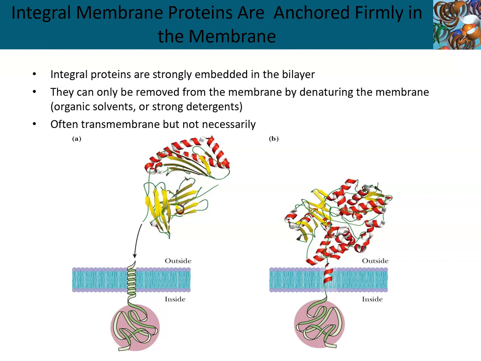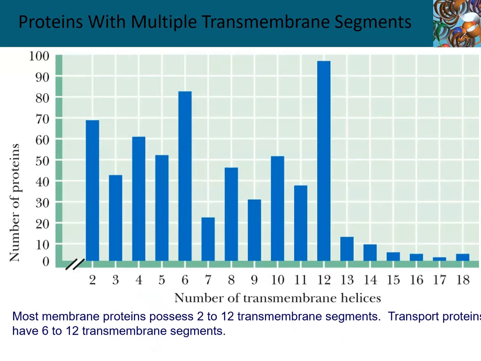These proteins are resistant to your salt washes and your detergent treatments, unless you use very strong detergent, which can physically break the membrane apart. So, like I said before, it's very common for there to be multiple transmembrane domains.